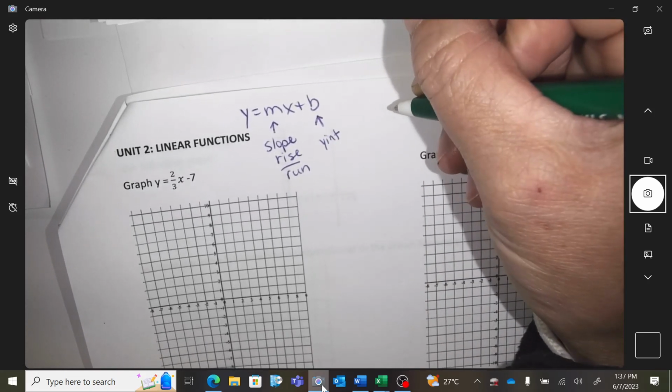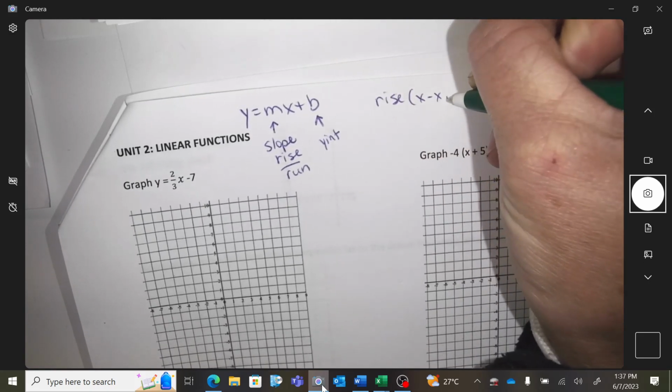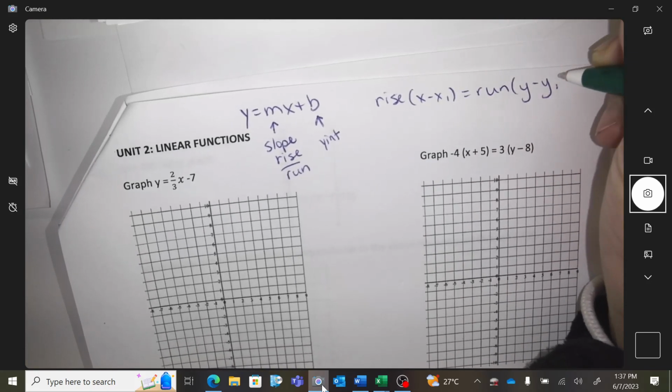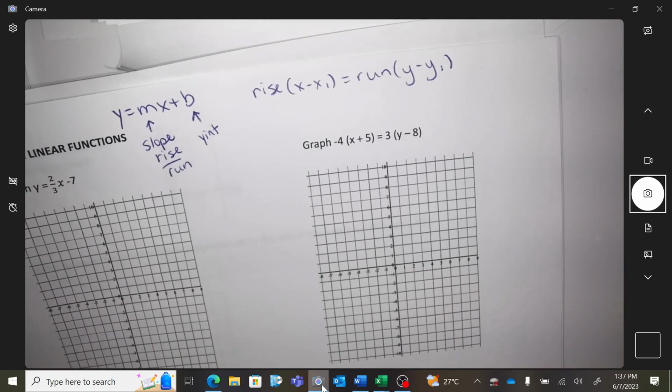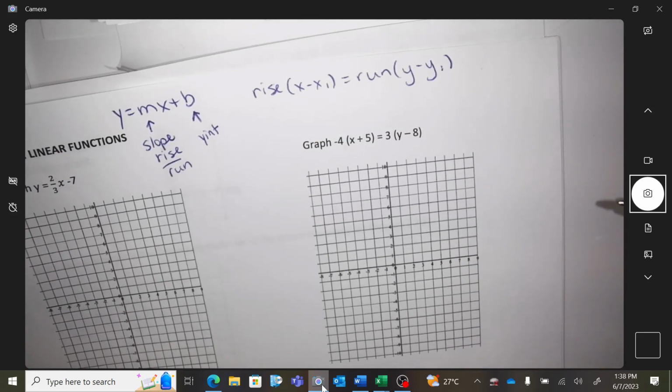Okay, the other equation that would be on your formula sheet would be this equation. So you can see the rise number and the run number.